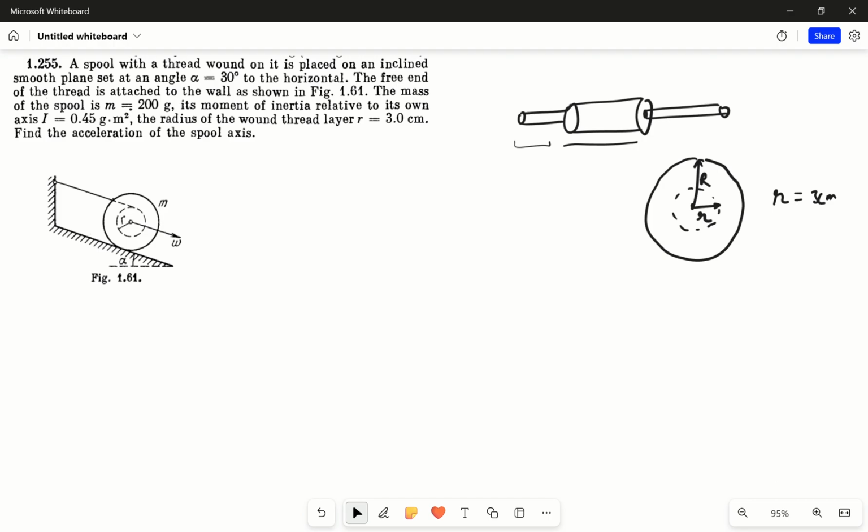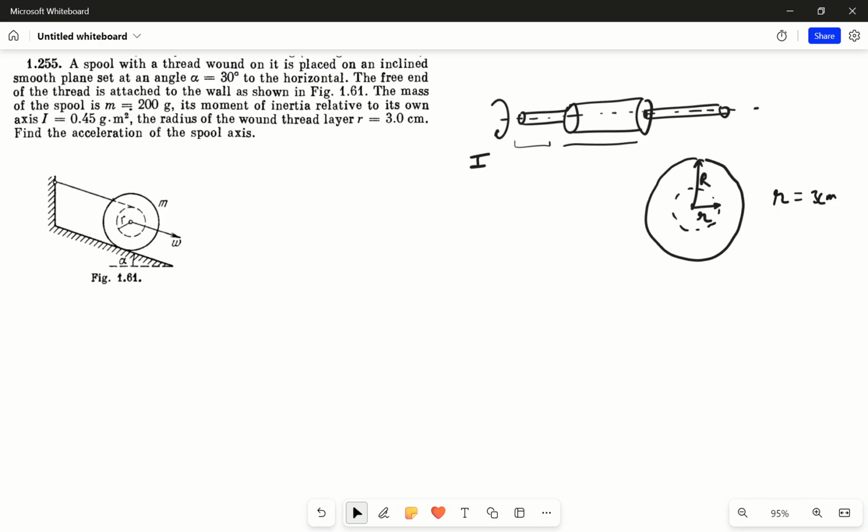And we are also given the moment of inertia of this spool about its axis. So what would be the axis of the spool? The axis of the spool would be this, right? So we are given the moment of inertia about this axis, that is I. Okay, so I will be solving this question in the form of variables. You can put the values in the result that we will obtain, right?